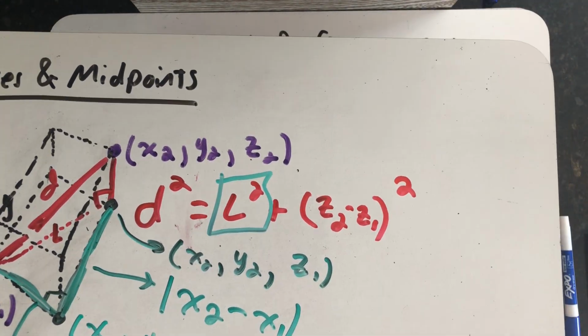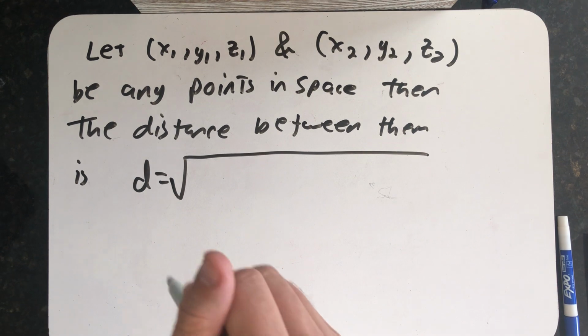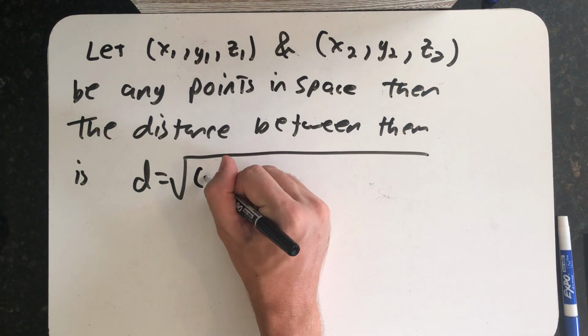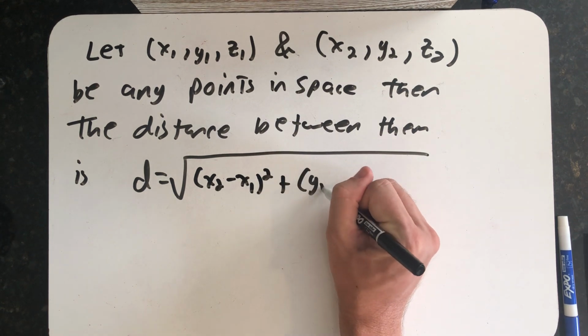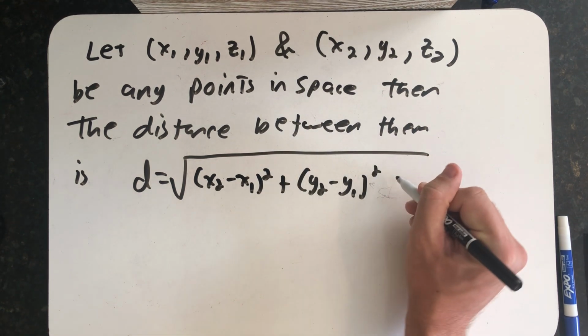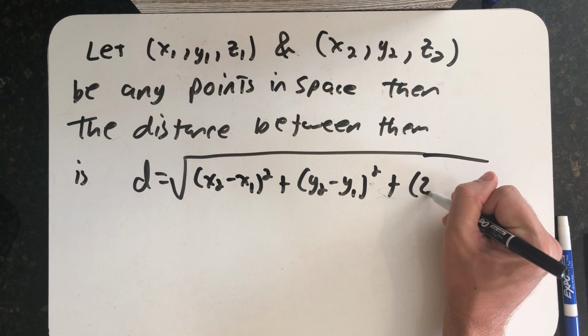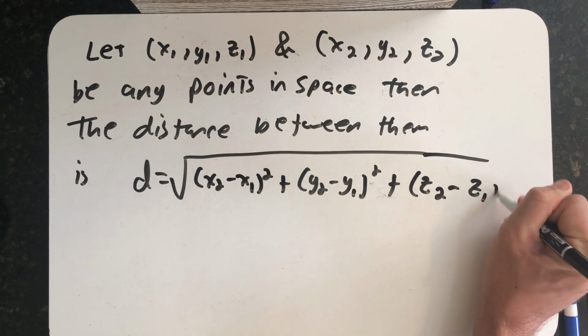It's a distance, so I only need the positive square root. And then it would be L squared, which I know is the same as x2 minus x1 squared plus y2 minus y1 squared plus z2 minus z1 squared.